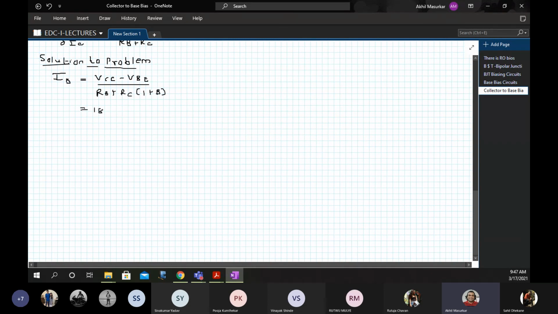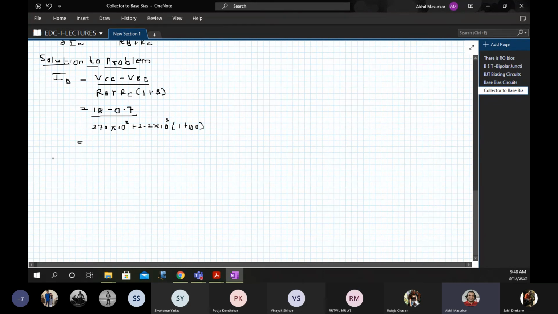So that will be 18 minus 0.7 upon RB is 270 into 10 raised to 3 plus 2.2 into 10 raised to 3 into 1 plus 100.